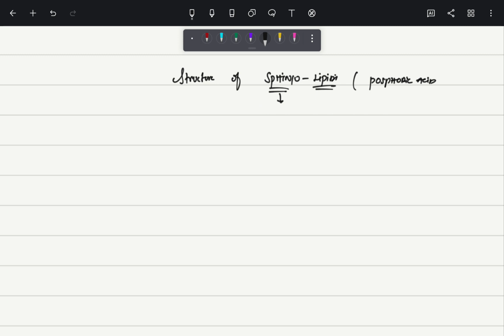Sphingosine is an alcohol, right? And lipids are your fatty acids. So where is the phosphoric acid? If there is phosphoric acid, we should call them sphingophospholipids, but here we are calling them sphingolipids because there is no phosphoric acid present here. I know you are a little bit confused here because where is this phosphoric acid going? Don't worry, I will explain.